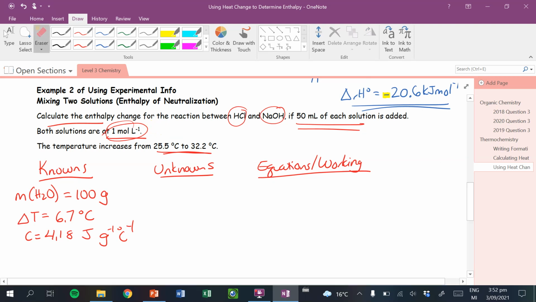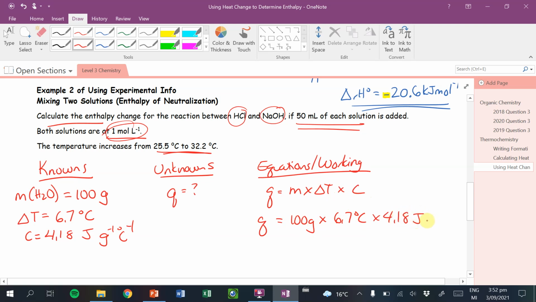All right, so going back to it, I need to find my Q as my first thing. Q is equal to mass times the temperature change times C. So Q is equal to 100 grams times the 6.7 degrees Celsius times 4.18 joules per gram per degree Celsius. So let's figure that out. 100 times 6.7 times 4.18.